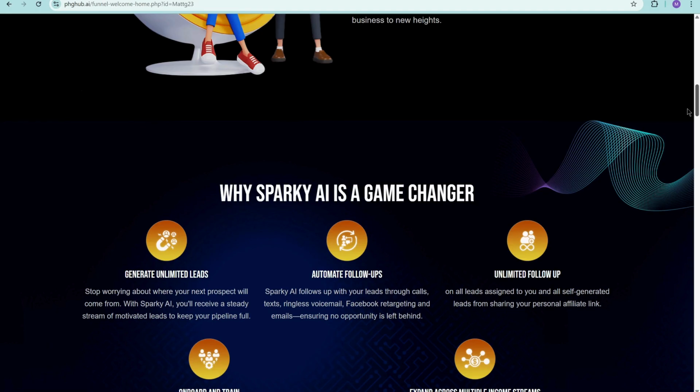So with that in mind, Sparky AI is a game changer, because Sparky AI takes every single one of those leads. Let's say, for example, you've got 30 leads that have just been put into your back office. Sparky AI is going to follow up with every single one of those leads by phone, by email, by voicemail.